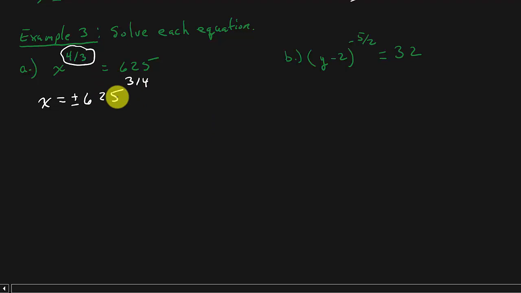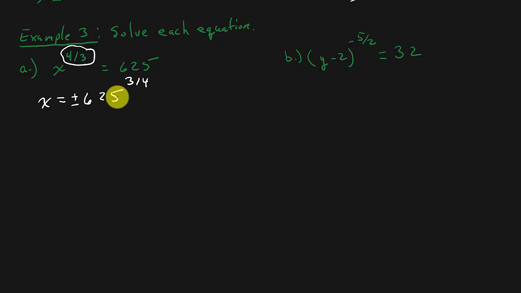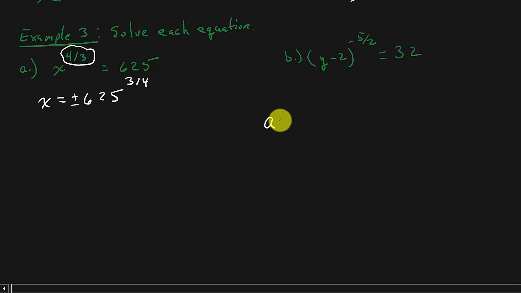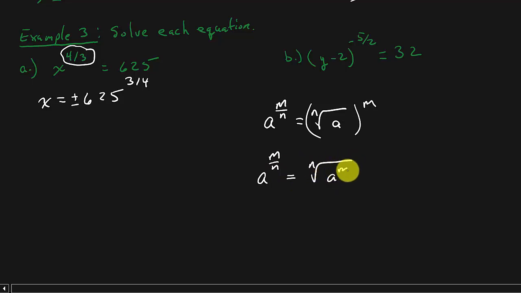All right, so to evaluate this, then what we got to do is convert it to radicals. Remember going from exponential to radical form and radical form to exponential form? Remember, there's a property that says a to the m over n is equal to the nth root of a to the m, and also a to the m over n is equal to the nth root of a to the m. Either one.